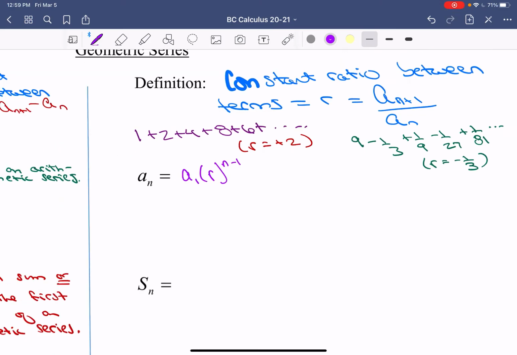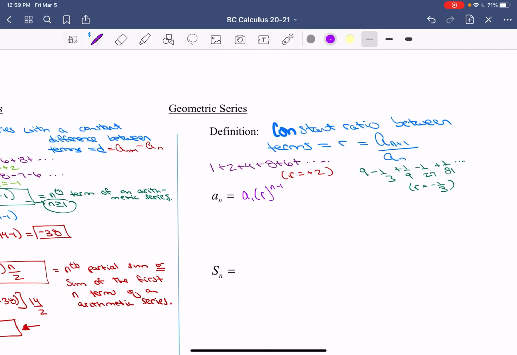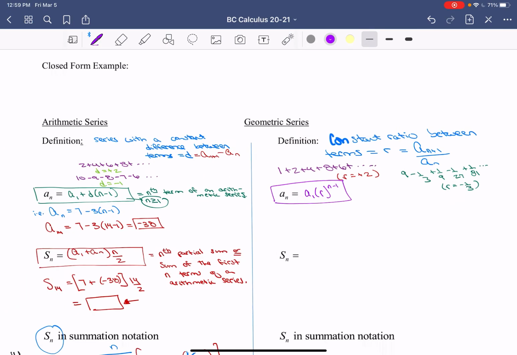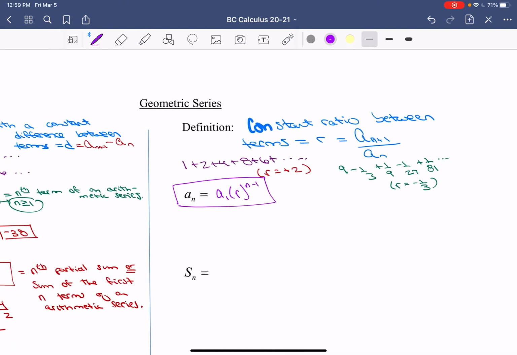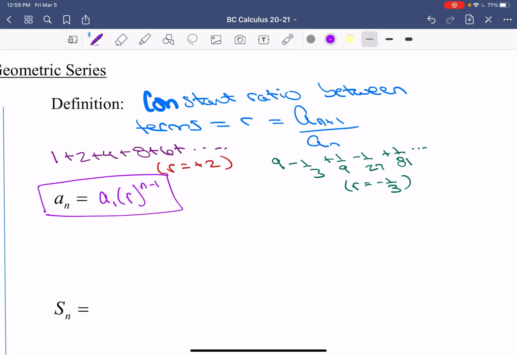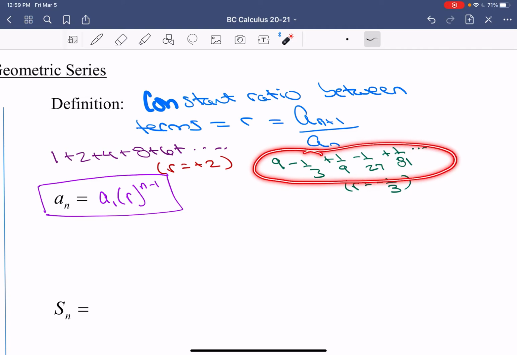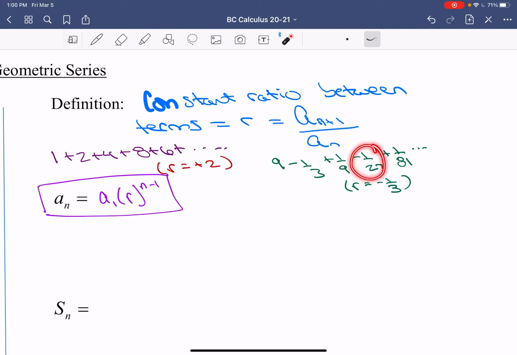Okay, so that is my formula for the nth term of a geometric series. So if, for example, I had this series, let's talk about this series right here, and I wanted to generate a formula that would give me, say, the 4th term of the series or the 21st term of the series, well, I could use this.